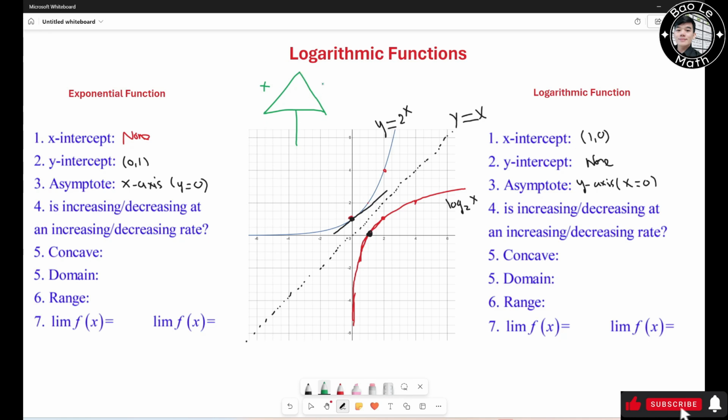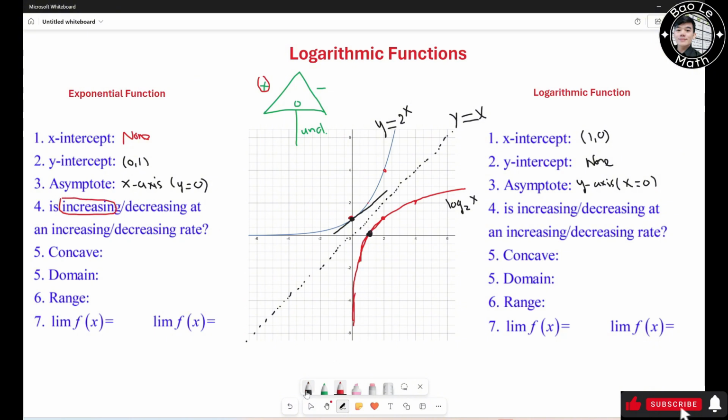If the lines go in this way, the slope is negative, and the function is decreasing. Alright. If you see the horizontal line, the slope is 0. If you see the vertical lines, the slope is undefined. Right? Now, when you draw a tangent line of this exponential function, it's going this way, which means right here, the slope is positive. Right? So because the slope is positive, the function is increasing.